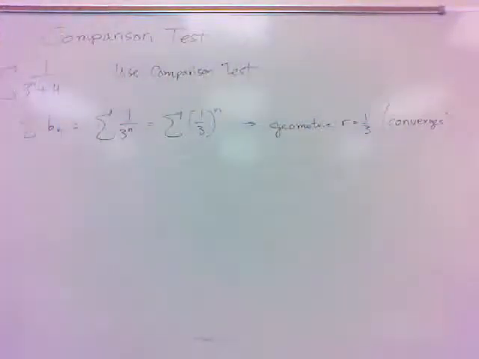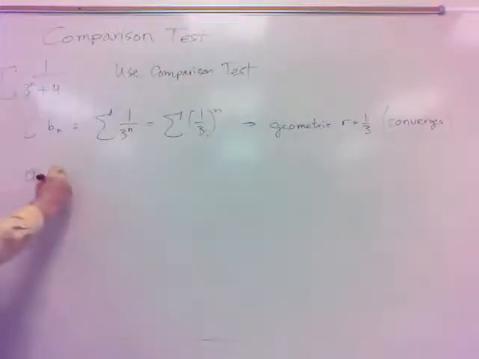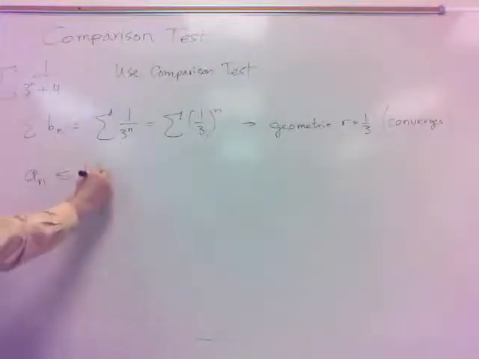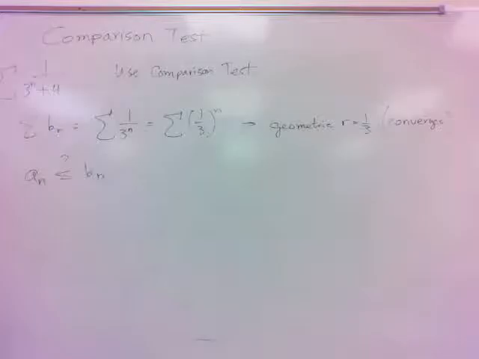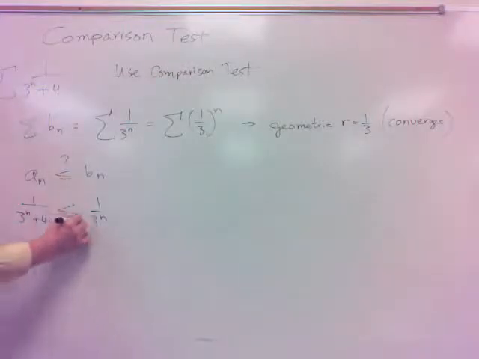Okay? So for the comparison test to work, we need, is it true A sub n is less than B sub n? Well, that would say 1 over 3 to the n plus 4. Compare that to 1 over just 3 to the n. Is that less? Greater? It's less, isn't it? Why is it less? Same reason it was less a while ago, right?